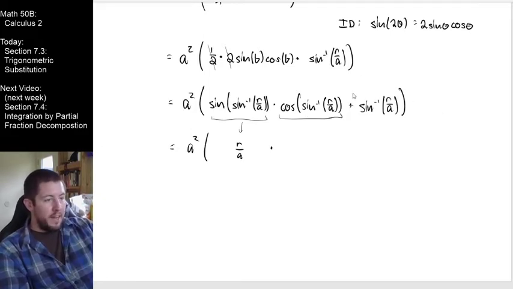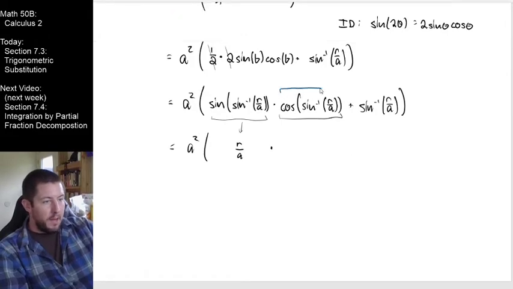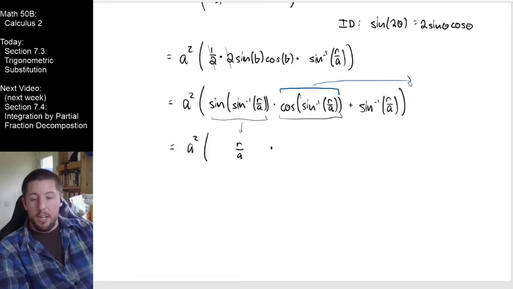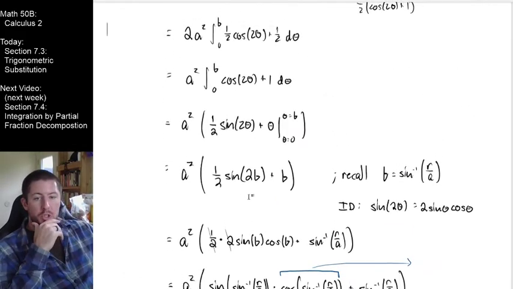Well, to find this guy, maybe what I'll do is grab some stuff in blue and identify it over here. What I want to do is come back to my triangles. Since we're doing trig, if you're not drawing triangles, you're not figuring it out. I want to remember what my initial substitution even was here.